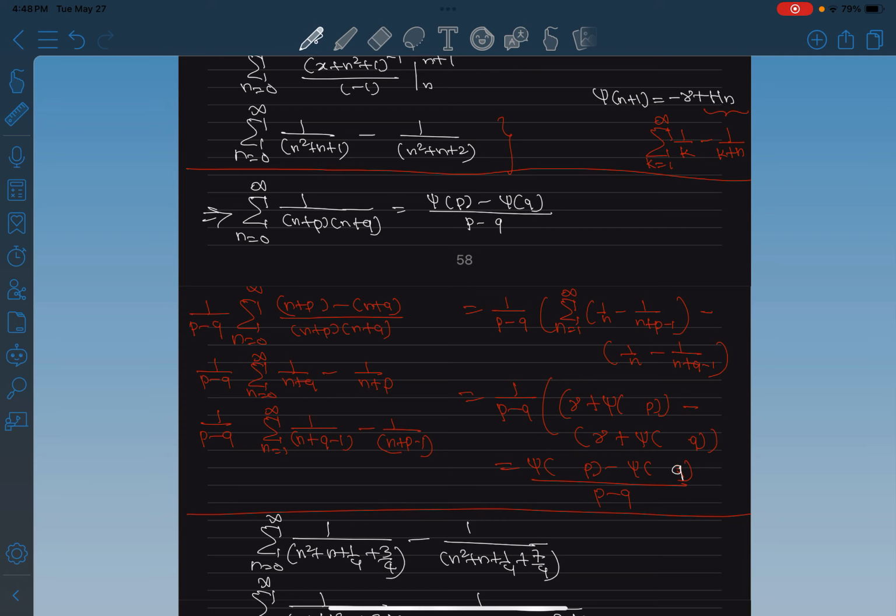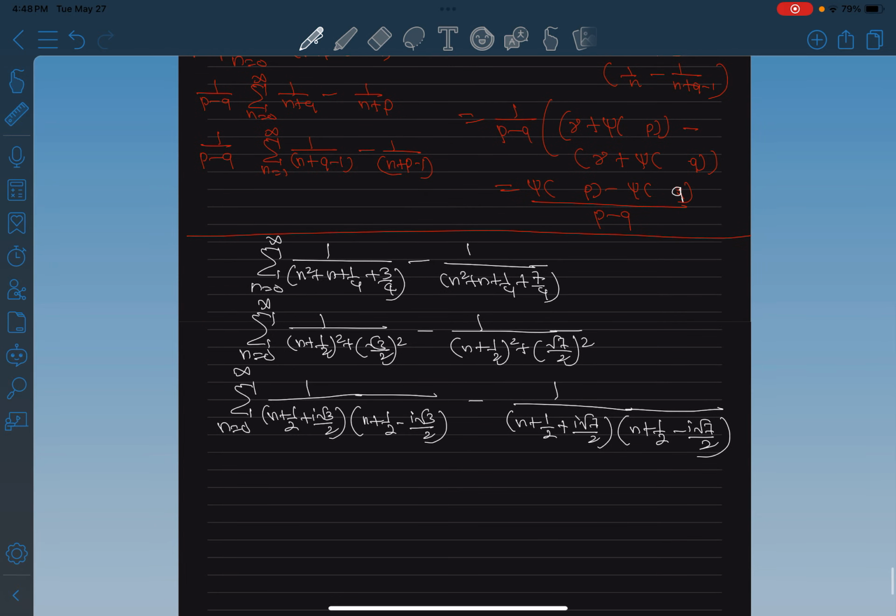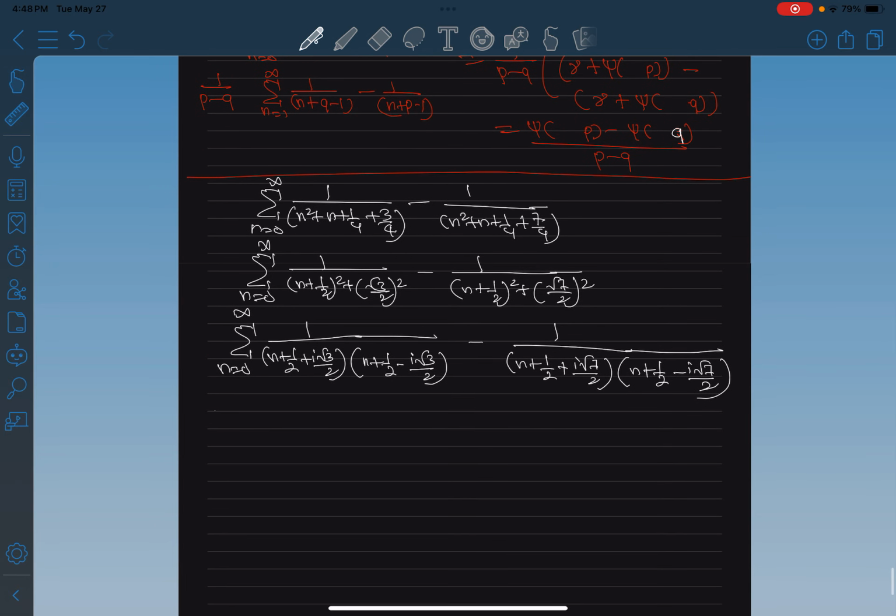Okay, so now we know that this is going to become digamma of half plus i root 3 over 2 minus digamma of half minus i root 3 over 2, by half plus i root 3 over 2 minus half minus i root 3 over 2, which will just be i root 3.